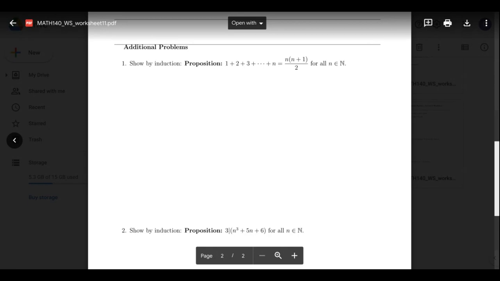Then use your assumption P of n to prove P of n plus 1.